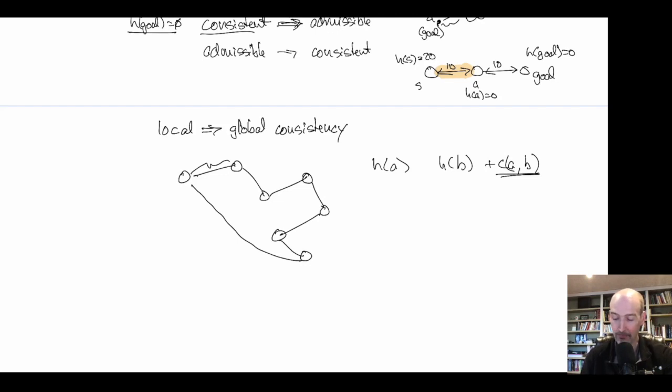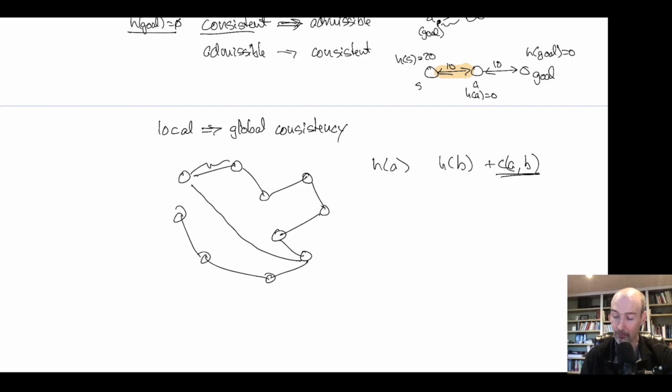Obviously, I can build a very convoluted path that has very high cost, and the change in the heuristic between the states could be very small, because maybe my path continues and comes all the way back to be adjacent, and I don't need to think about the large costs I would incur on some convoluted suboptimal path.